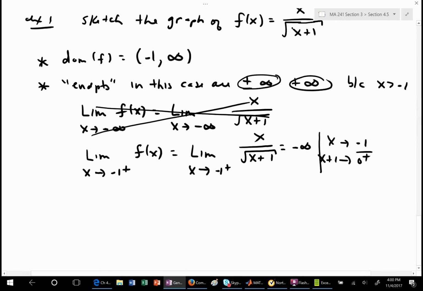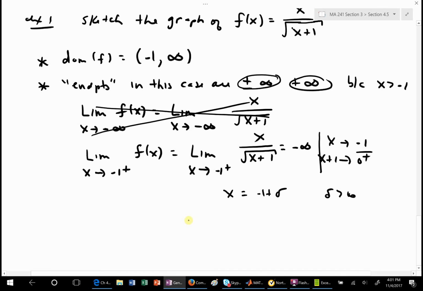Here's how I might do it. Let me show you one last way. I might replace x by minus 1 plus delta, where delta is a small positive number, okay? And I might put this back in and evaluate the limit as delta goes to 0 from above.